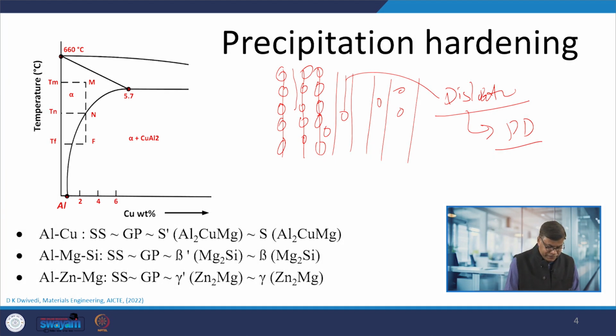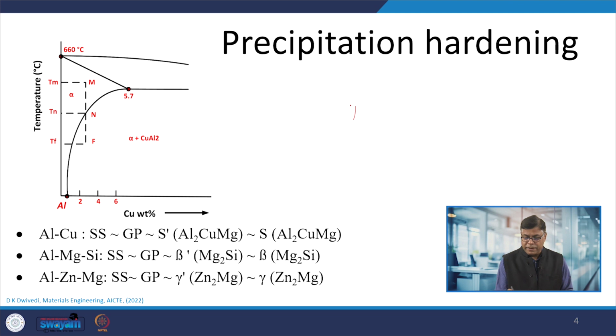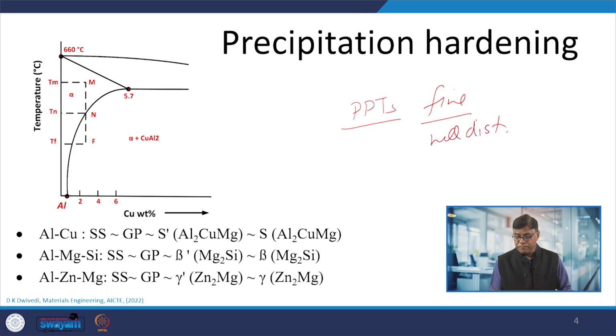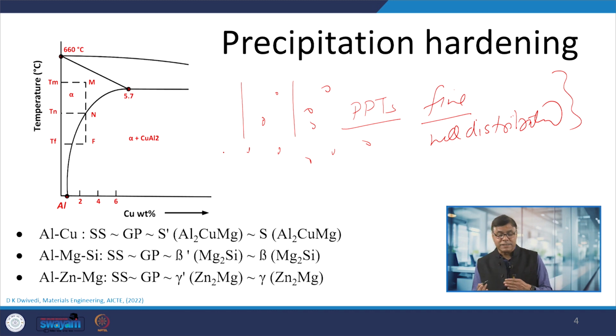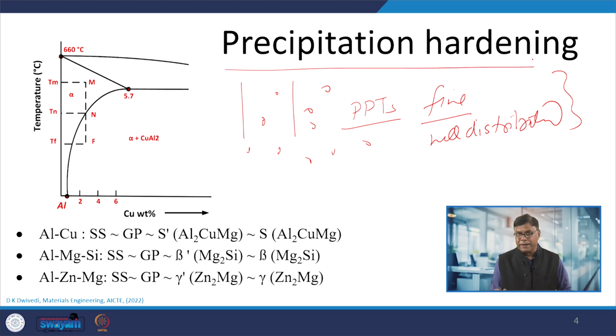That is why we try to realize fine, well distributed precipitates. In the matrix, if fine well distributed precipitates are present, then these will frequently come across the moving dislocations to enhance the yield strength. Okay. This is the mechanism of precipitation hardening.